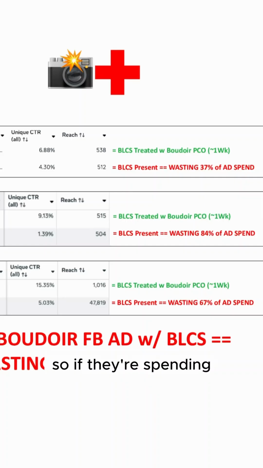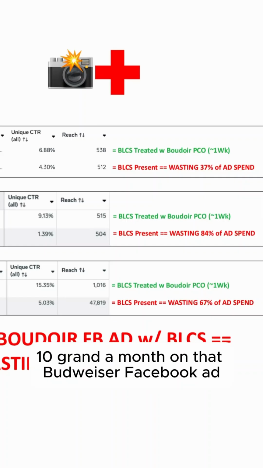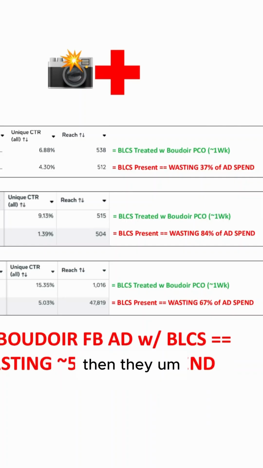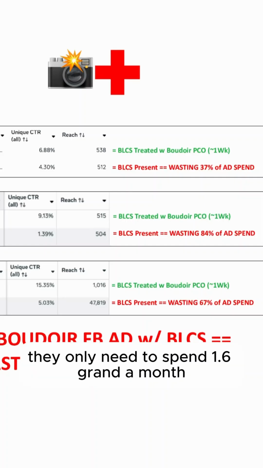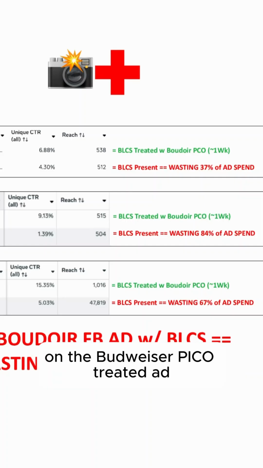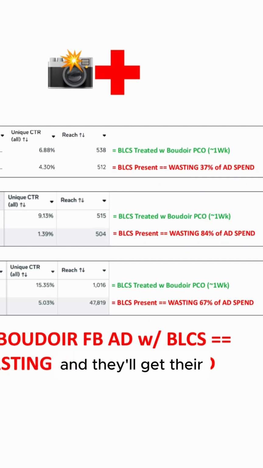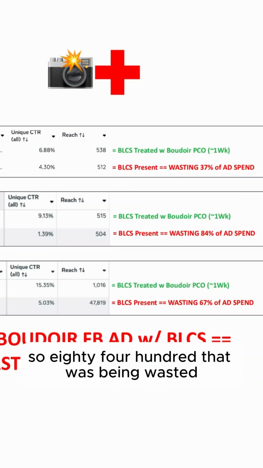So if they're spending 10 grand a month on that boudoir Facebook ad, then they only need to spend 1.6 grand a month on the boudoir pico treated ad, and they'll get their ad into the same number of women's brains. So $8,400 that was being wasted, now they pocket it.